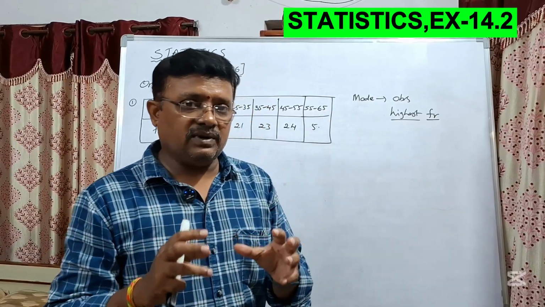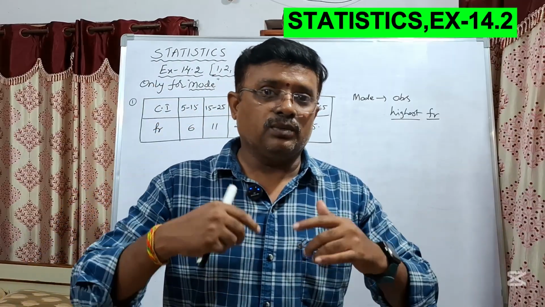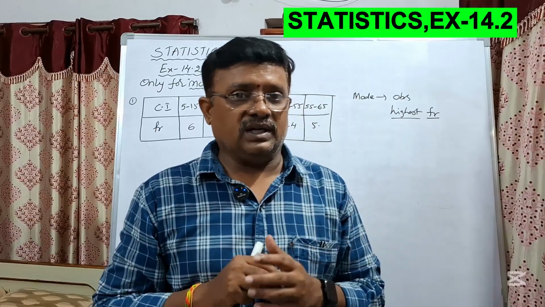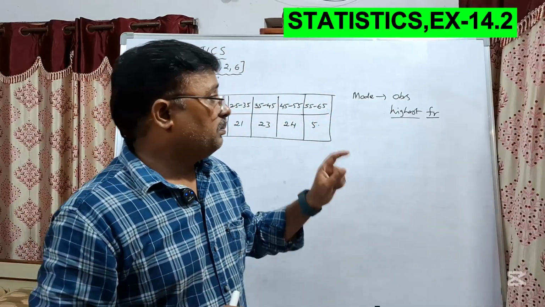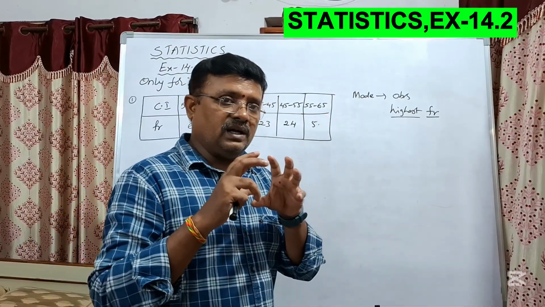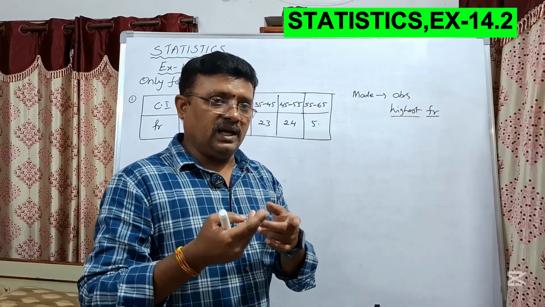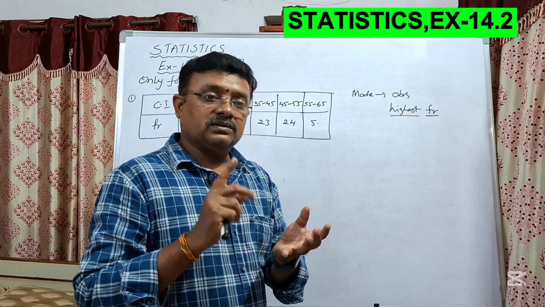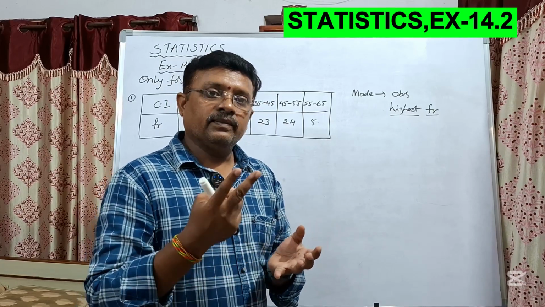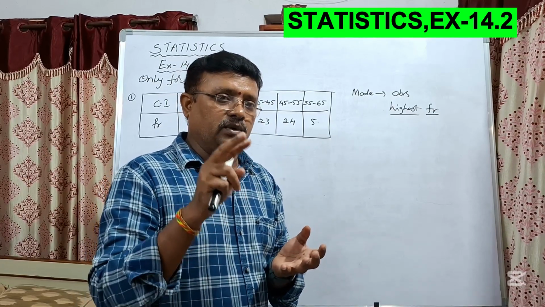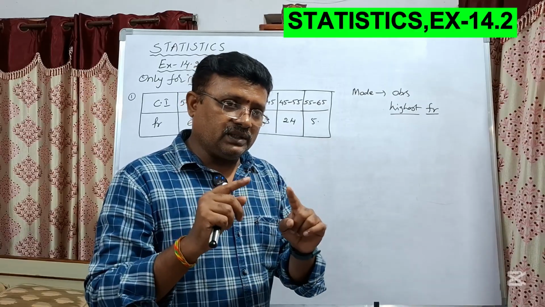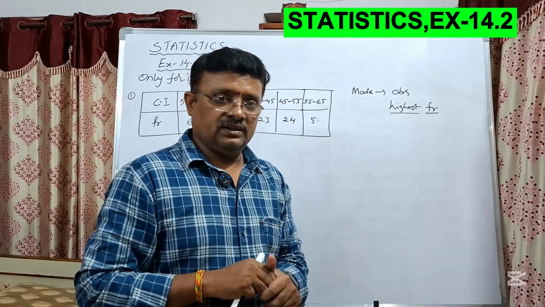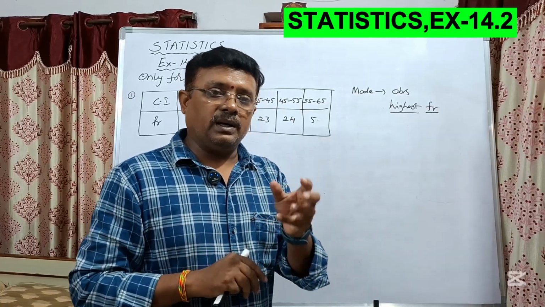It means the observation which repeats the most number of times in the data is called the mode. Understood? Some data may contain one mode, and some data may contain two modes, which is called bimodal data. Both observations have the highest frequencies, equal to each other and higher than the others.